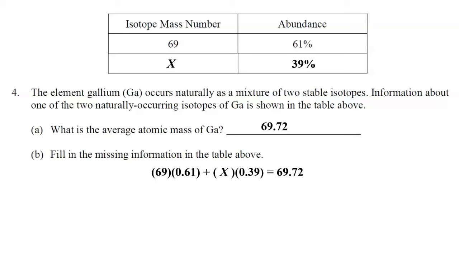And now we'll just do the algebra to solve for x. So I multiplied, and now I have to subtract 42.09 from both sides of the equation. And then I'll divide both sides by 0.39. And even though 70.8 is a number with a decimal, we're looking for a mass number as a whole number, so that's close to the number 71.